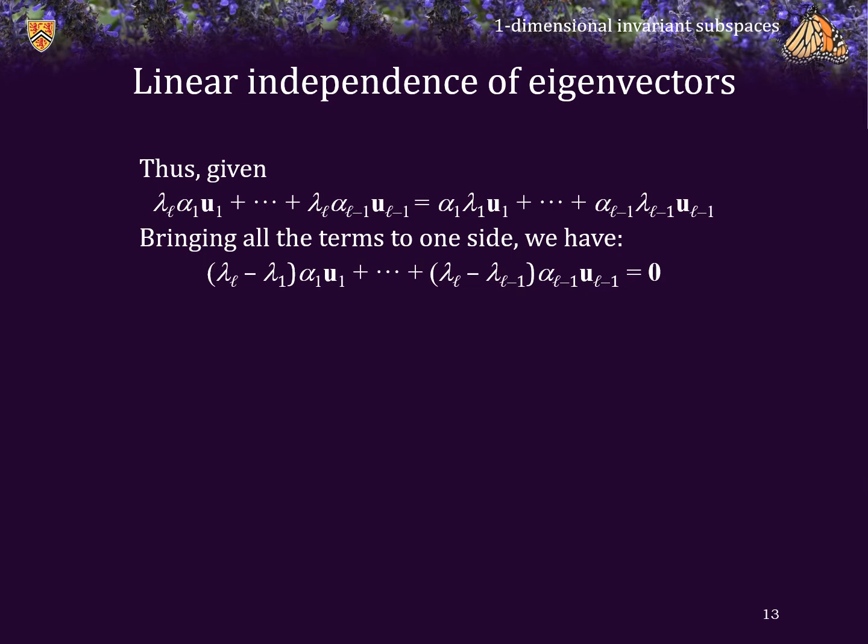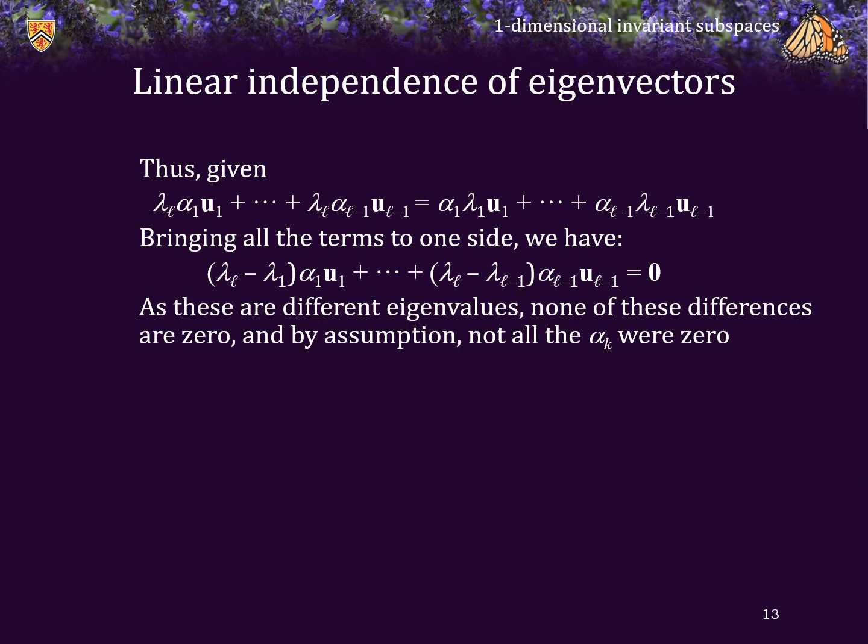So now we have lambda sub L minus lambda sub 1, and lambda sub L minus lambda sub 2, and so on and so forth. Now, we assumed that all of the eigenvalues were different. So every difference of two different eigenvalues must be a non-zero value.